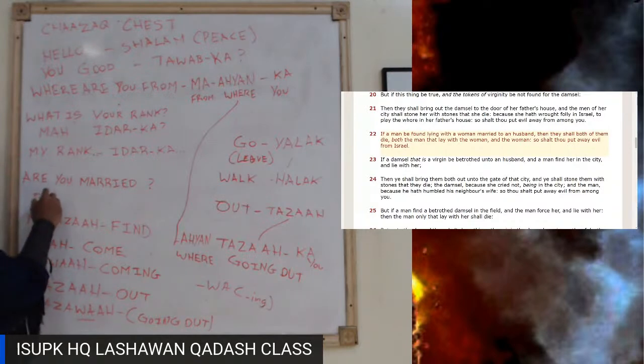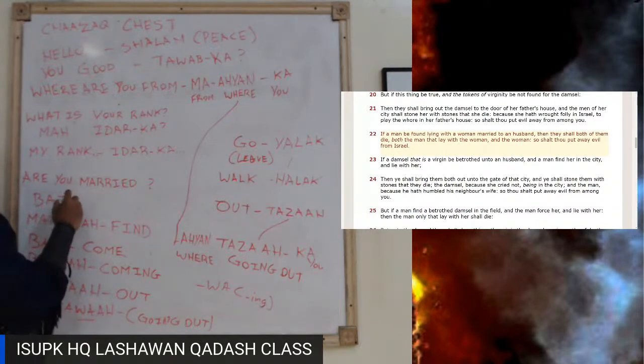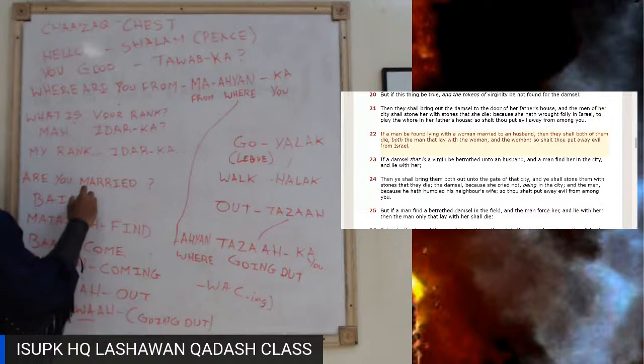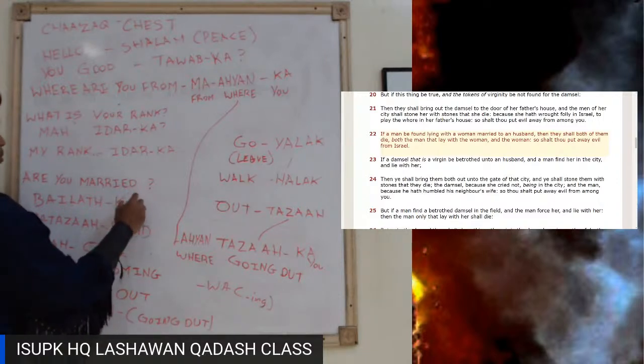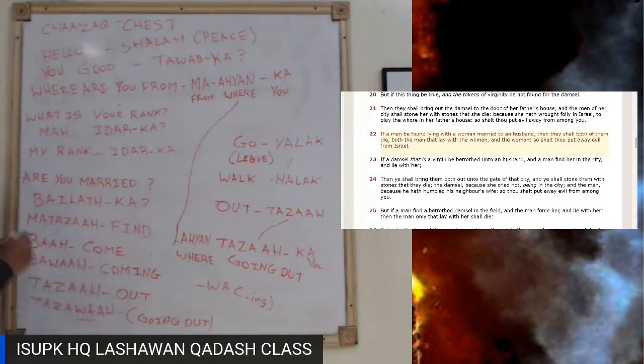I'm sorry, sir. If I can read 23. Yeah. 22 and 23 says, if a damsel that is a virgin be betrothed unto a husband, and men find her in the city and lie with her. I'm just looking at the part where it says a damsel that is a virgin be betrothed unto a husband. Okay, that's 23. And betrothed says arash.